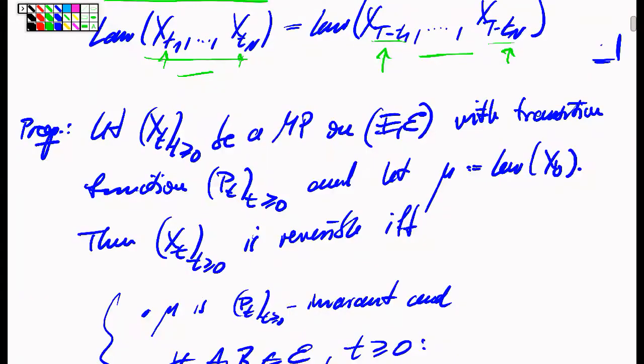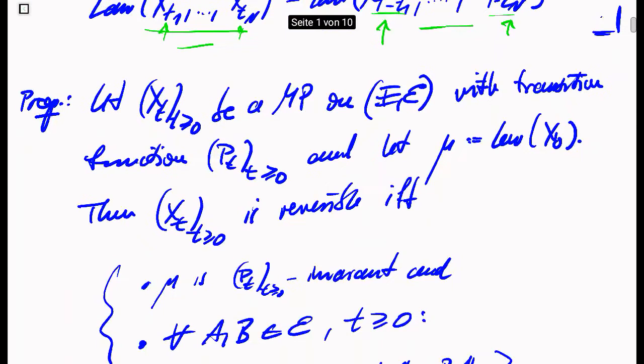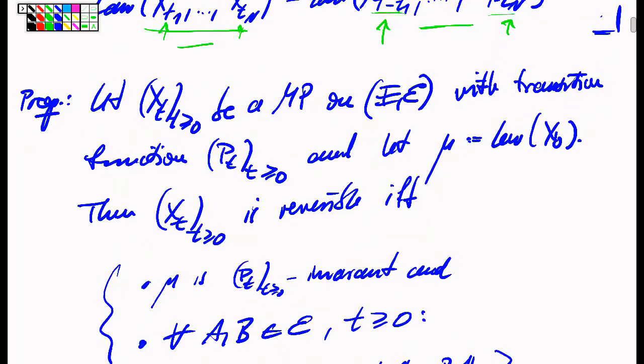Here comes the main step towards our analytical description of reversibility of processes, namely, suppose we have a Markov process on a general state space with the transition function P_t, and assume that mu is the initial distribution of this process, so just the law of the process at time 0.